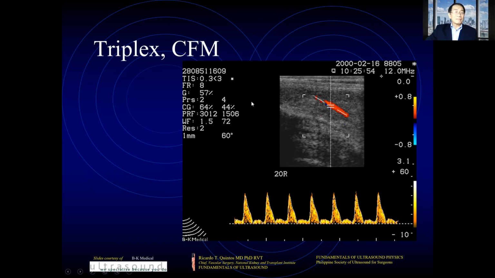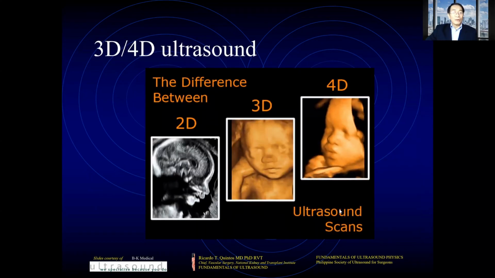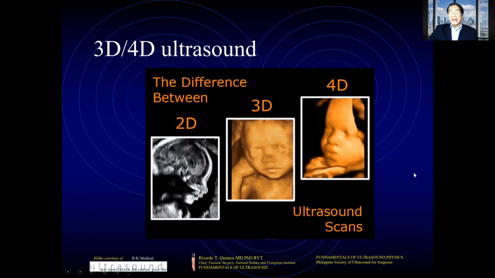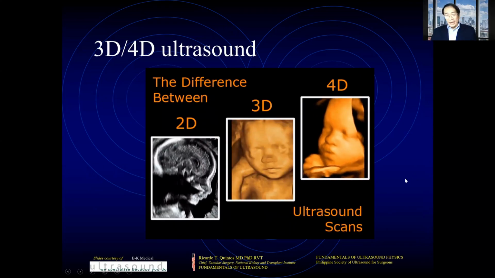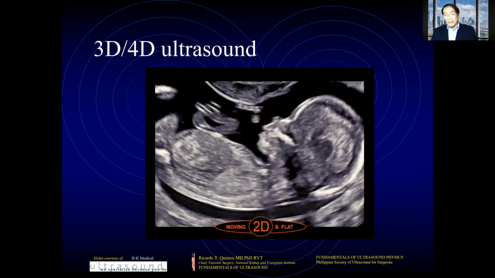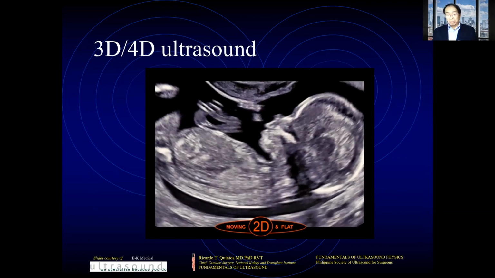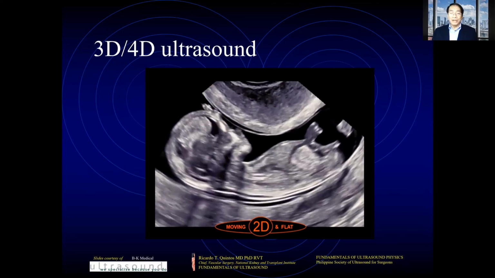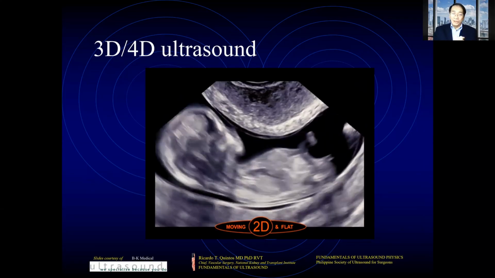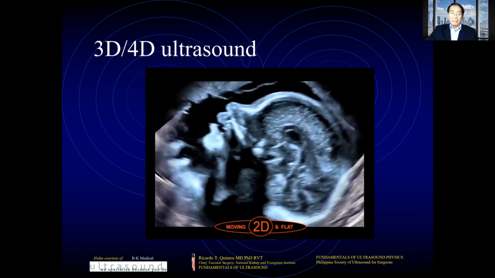And finally, you will have what is called the 3D and 4D ultrasound, which is really not just a duplex, but more computing power applied to two-dimensional images, where you create a sweep and it creates a 3D image.